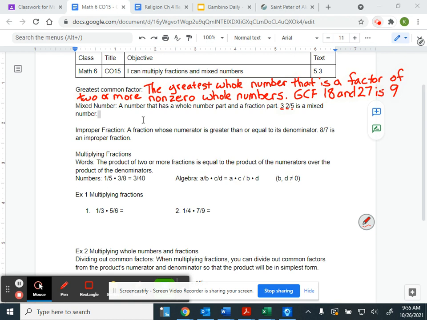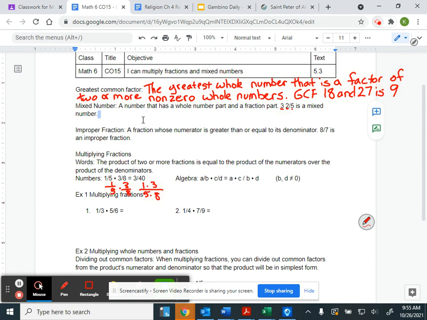Multiplying fractions. The product of 2 or more fractions is equal to the product of the numerators over the product of the denominators. So we take 1/5 times 3/8. That's the same as saying 1 times 3 over 5 times 8.